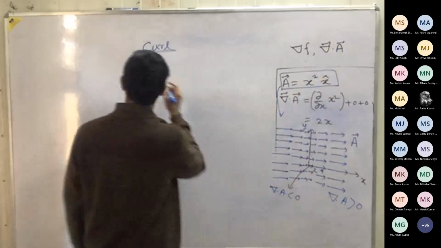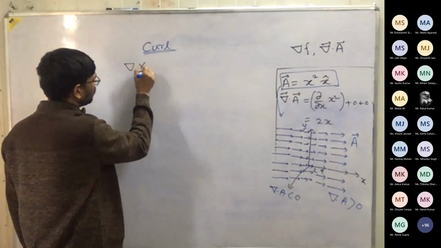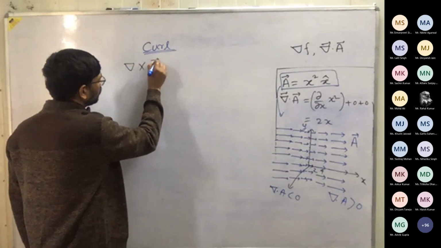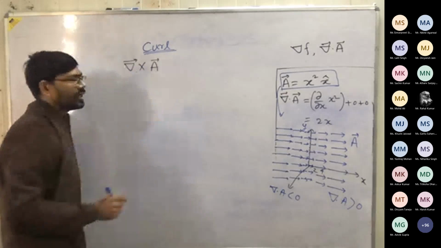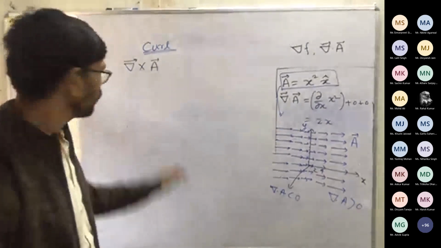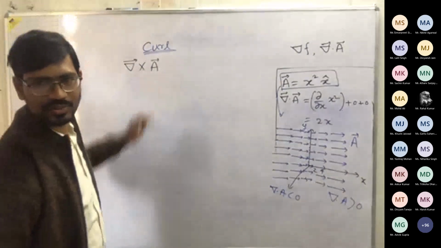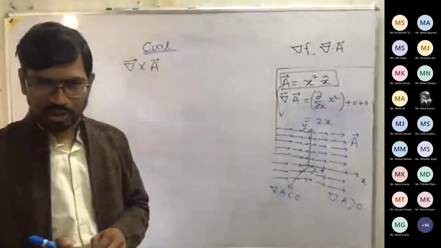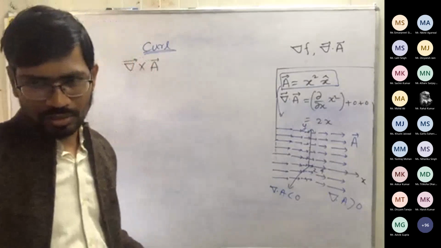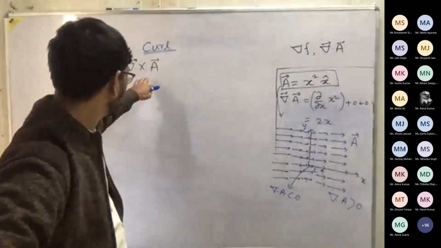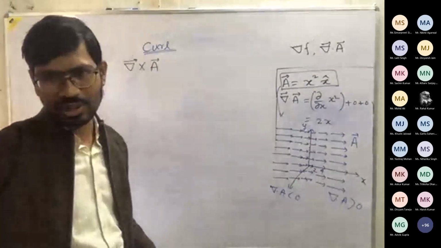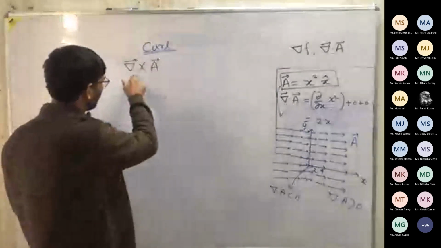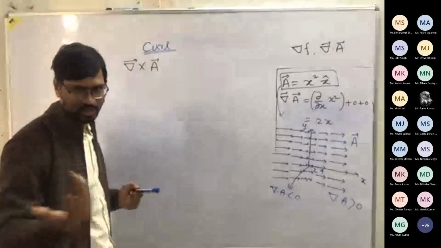Now we have this curl. This is equal to del cross product with a vector. So this is the curl. Curl is meaningful only when we have a vector quantity. We cannot write del cross a scalar quantity.